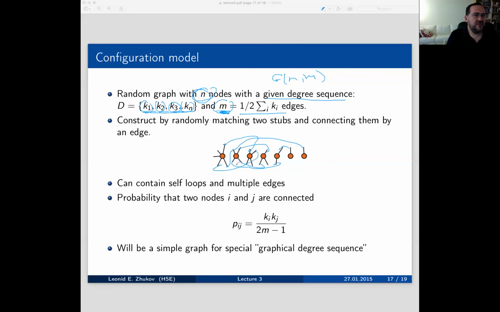So the question for you: do you think it's always possible to build a graph this way? No. Why not? Because we can have an uneven number of stubs.